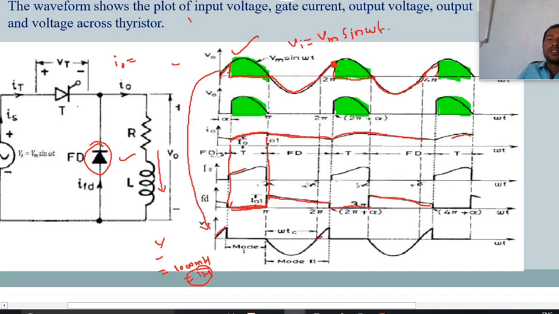So this is the voltage which is available across the thyristor. This is the area where the voltage is across the output, and the remaining area will be the voltage across the thyristor. This is all about the voltage.